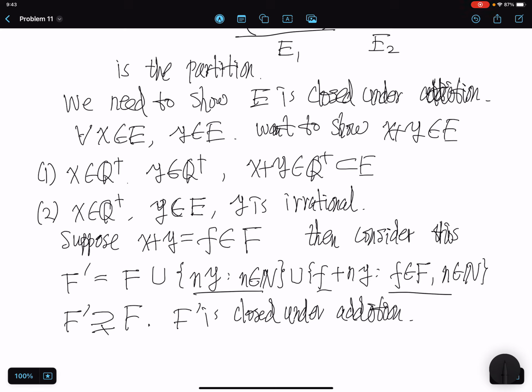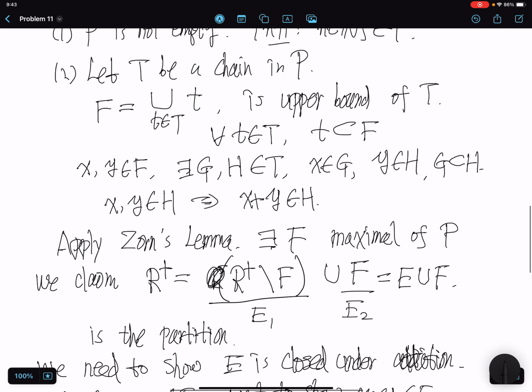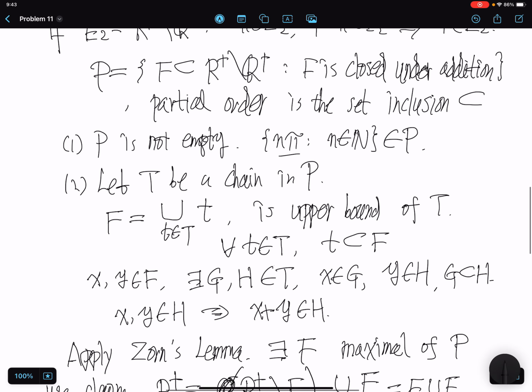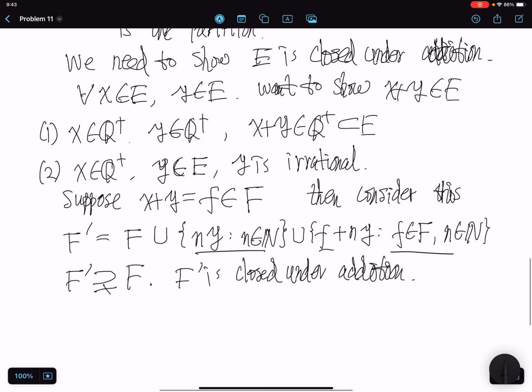But we have to be careful: we also want to make sure it is closed under addition and a subset of the irrational numbers. So the only thing we need to verify is that f plus nY for any f and n is irrational.